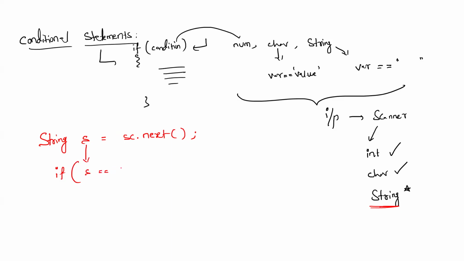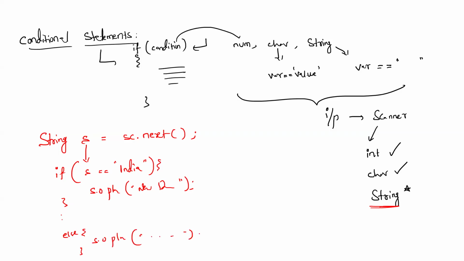For example, I gave one program to check the country name and print its capital city. Here we write a print statement with the capital city, say New Delhi, and finally an else block with a sample print statement. In every scenario, if we use the double equals operator while taking string data from the Scanner class, we always get the else block output only. That's what is happening, right?